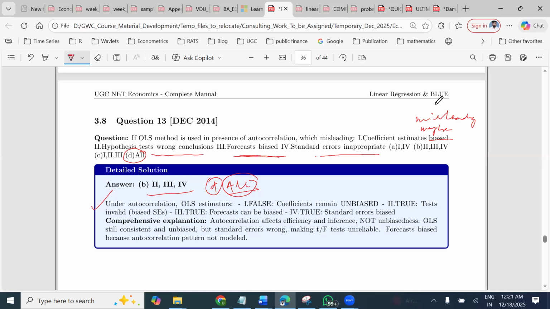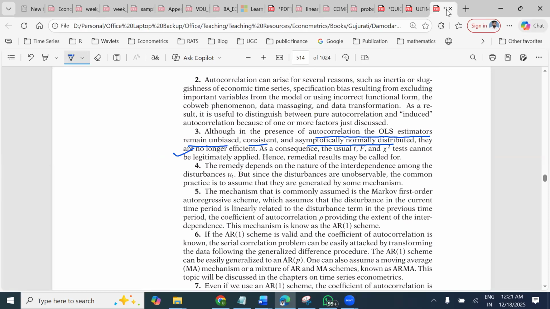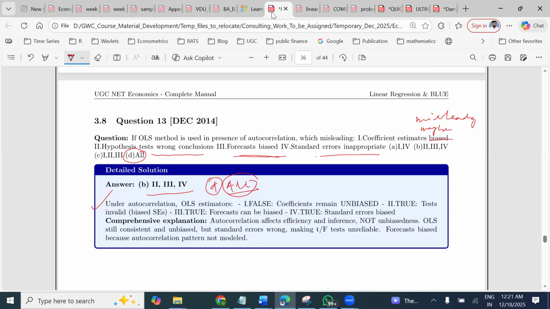So this is misleading and biased. Are they synonymous? Yes, because when they will be biased, so in that sense, yes. The answer key, can you see? There are errors, isn't it?